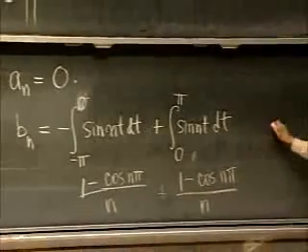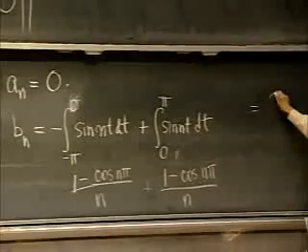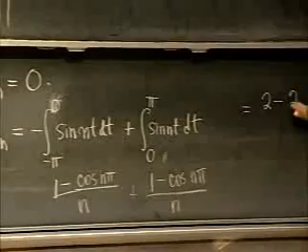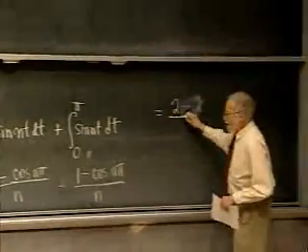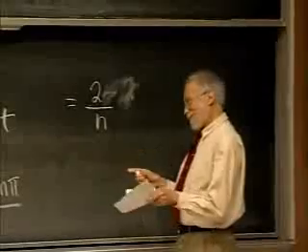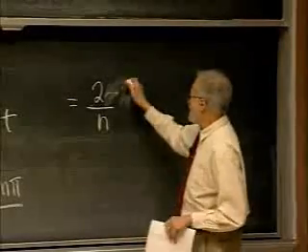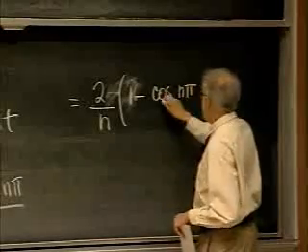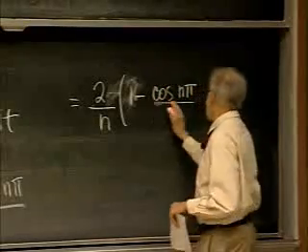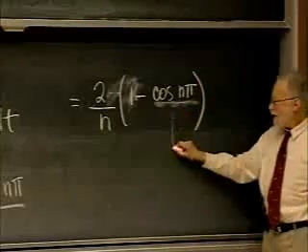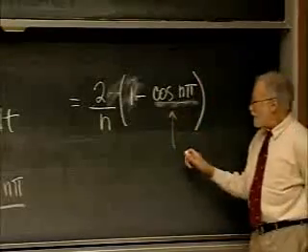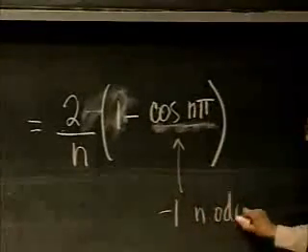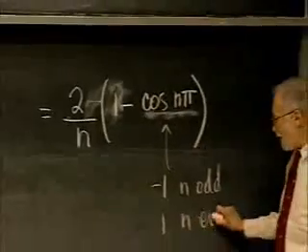And therefore, the answer will be 2 over n times (1 minus cosine n pi). Now, what's this? The cosine n pi is minus 1 if n is odd. It's plus 1 if n is even.